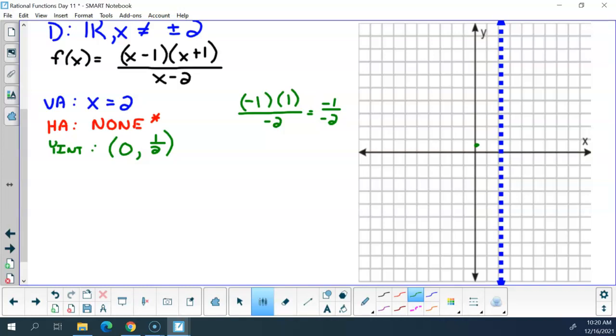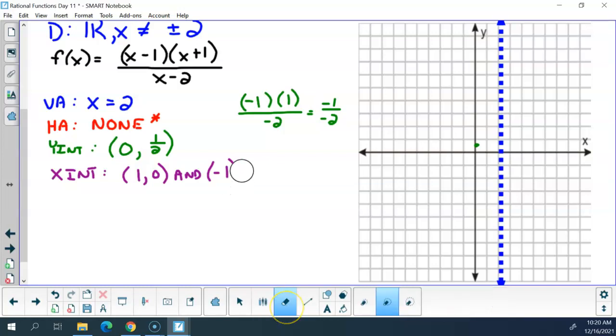X-intercepts. Because we set the numerator equal to 0, so 1 and negative 1.